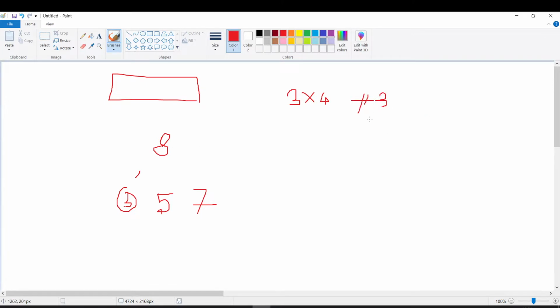Yes, if we include some multiple, then the answer of the modulo turns out to be the same number. And if you take 5, 5 times 6 is 30, so 30 modulo 8 will be 6, and it's not equal to 5.